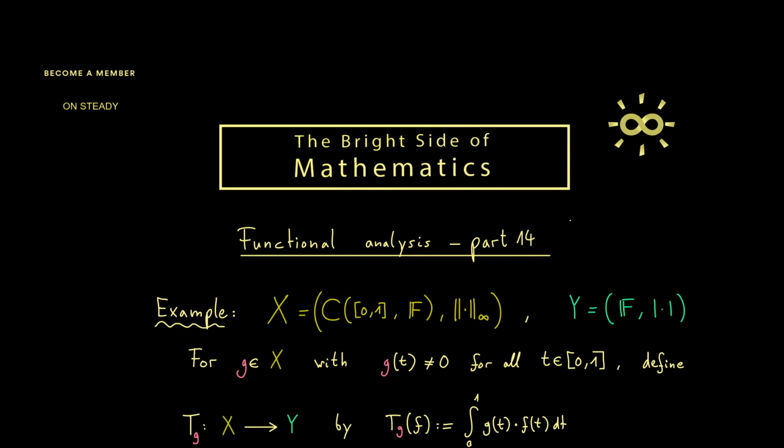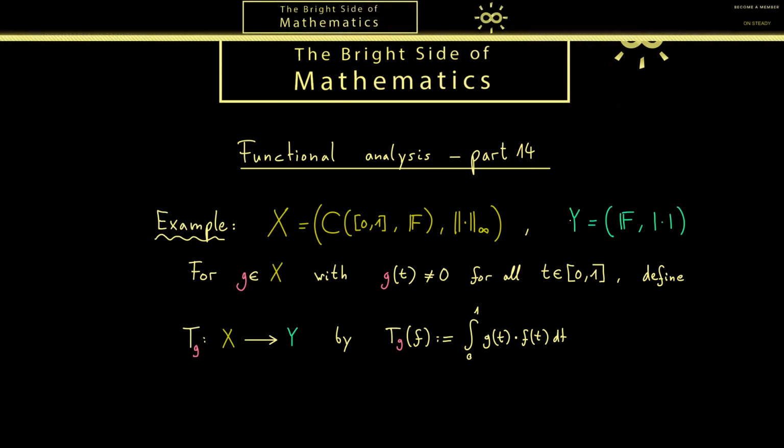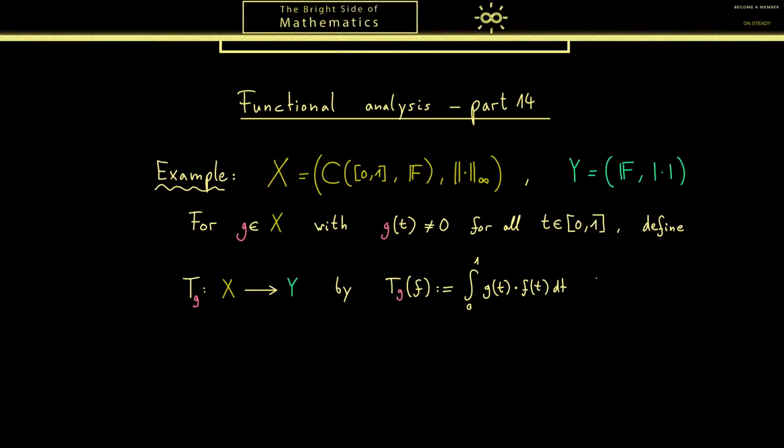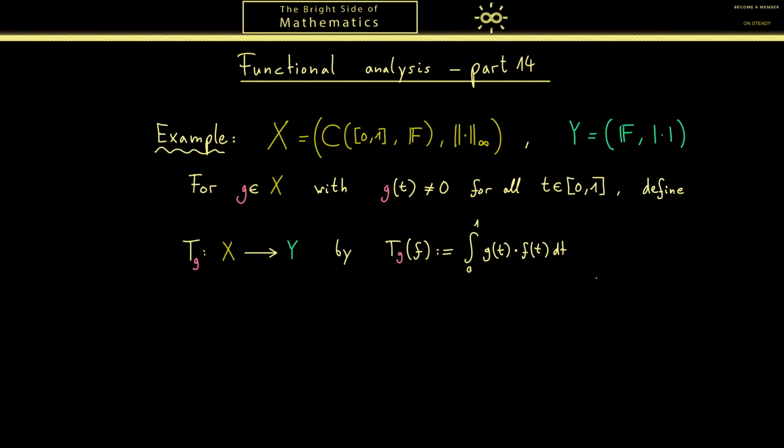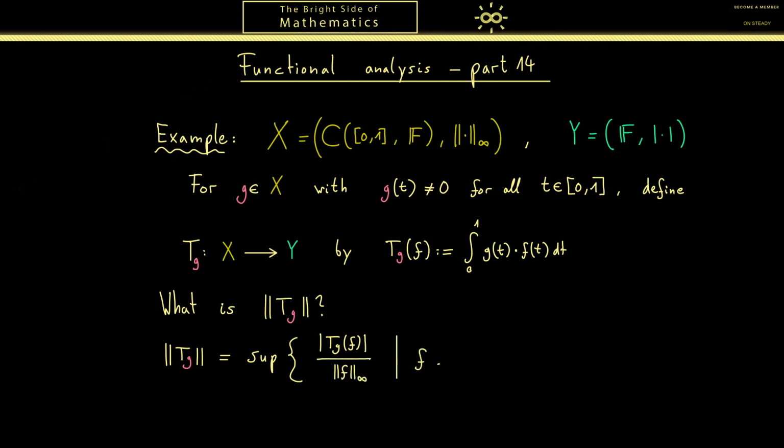The question for us is: is this a bounded operator? Or the similar question, what is the operator norm? For this, please recall that the operator norm of T_g is given by a supremum. More concretely, we have the norm of the output divided by the norm of the input. And then we go over all functions of X with the exception of the zero vector.